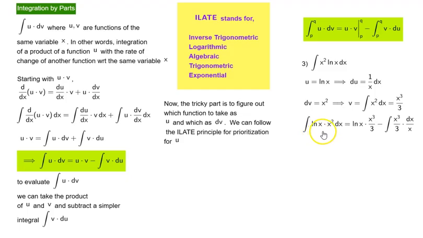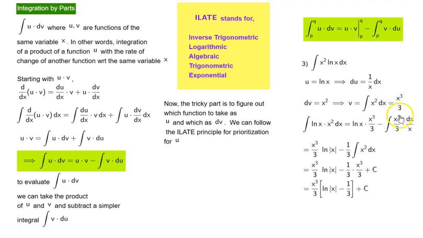So the integral of natural log of x times x square dx is equal to uv. u is natural log of x times v is x cube by 3, minus the integral of v times du. So v is x cube by 3 times du is equal to 1 by x dx. And one of the x's cancels out.